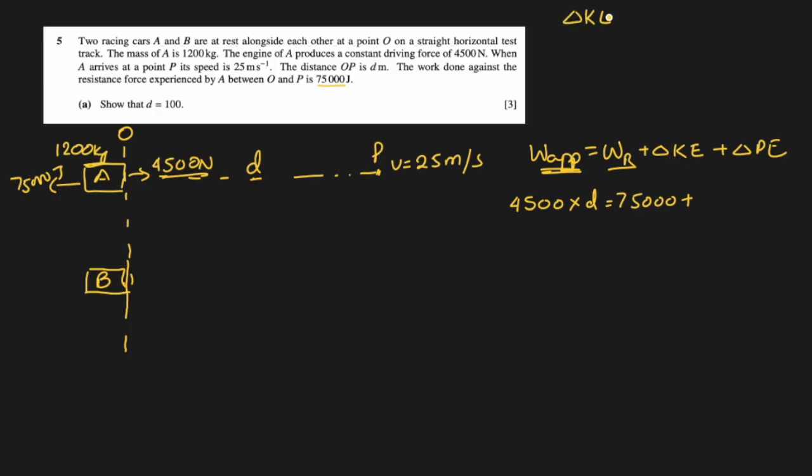The formula is half m times final velocity squared minus initial velocity squared. In this case, it will be half, mass is 1200, final velocity is 25, initial was 0. So it comes out to be 600 multiplied by 25 squared, which is 625. 600 times 625 will be 375,000.